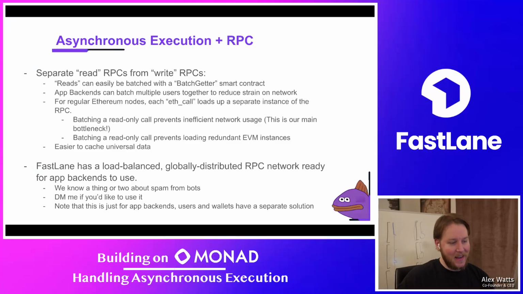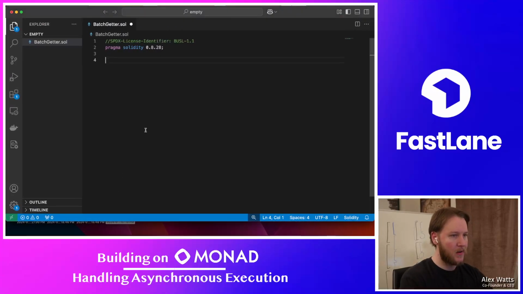And so at the end of the day, there are a lot of optimizations and a lot of strategies that we can use. The batch getters are very, very simple. If you wanted to do it, you could literally do it in like 2 seconds.